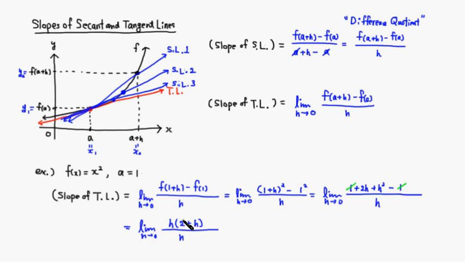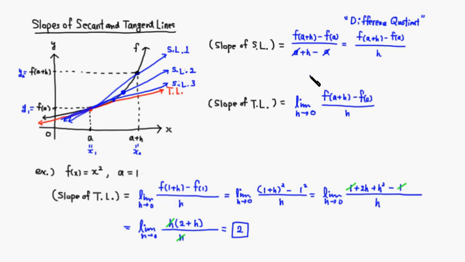The h on top and the h on the bottom cancel out, and what you get is to plug in h equals 0. So it's 2 plus 0, which is 2. This is the slope of the tangent line at x equals 1.